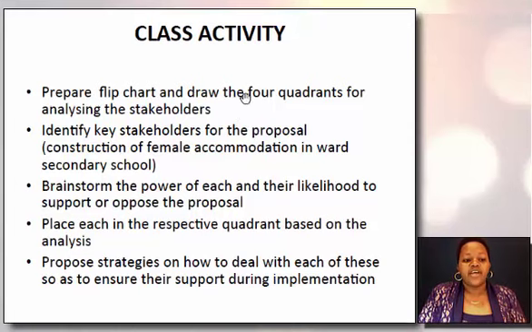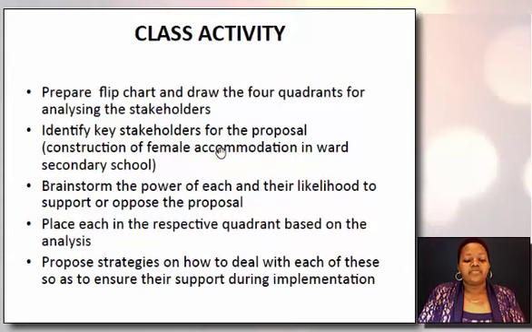After identifying the stakeholders, we will brainstorm. The students will brainstorm together with support from the facilitator to know the power of each stakeholder and their likelihood to support or oppose the proposal.